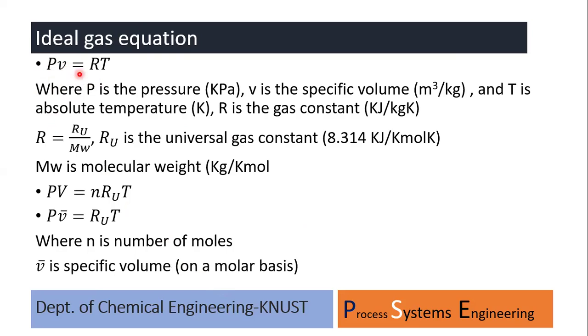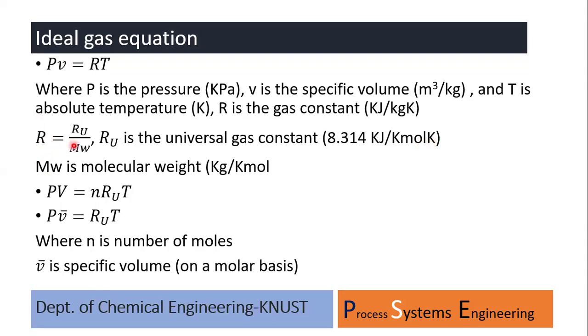So we have the ideal gas equation, Pv is equal to RT. So P is our pressure, v is a specific volume, T is absolute temperature, and then R is our gas constant in kilojoule per kilogram Kelvin. So please take note of this very well, okay? For us, when we use R, we are saying kilojoule per kilogram Kelvin. When we use RU, then we are saying kilojoule per kilomole Kelvin, right?